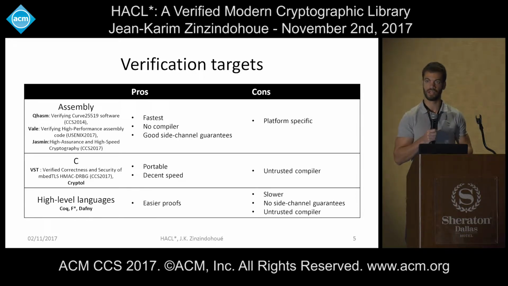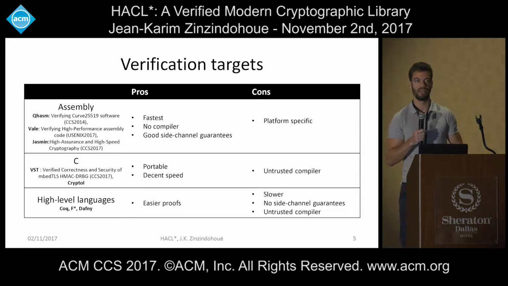So you can get good side channel guarantees. This is obviously the fastest code, and you don't rely on any compilers, so you don't have to trust those compilers. The cons is that, well, because it is so specific and low level, it's actually difficult, and there's a lot of work to put in. You could question the scalability of those approaches.